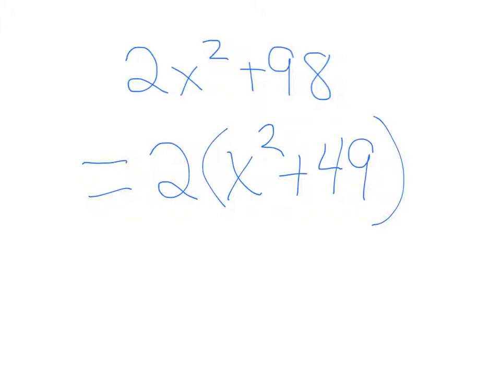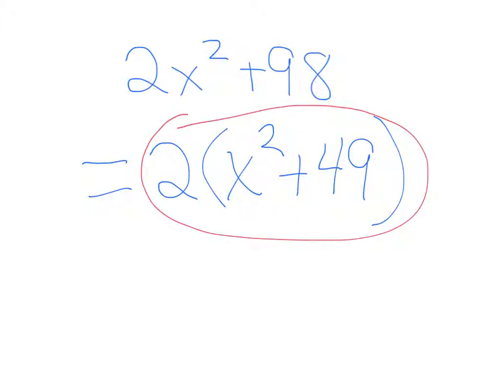I do now recognize that after factoring out the GCF, I end up with the x squared plus 49, which is the sum of two squares. The sum of two squares is prime and not factorable. Therefore, I have factored it completely, and that is my final answer. Do not make the mistake of writing prime, as you have factored this into two factors, 2 times x squared plus 49.